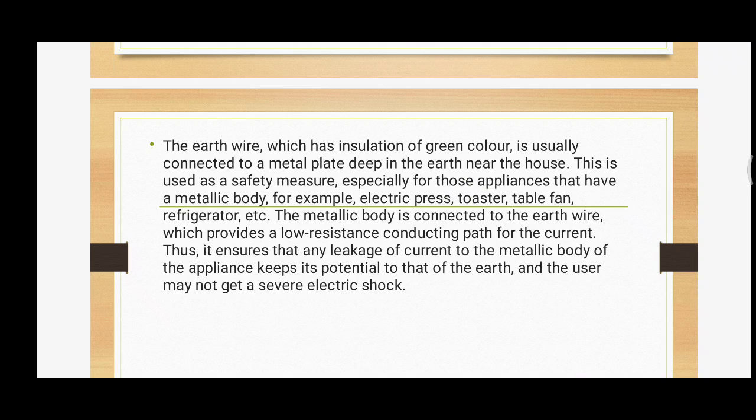Now the earth wire, which is green in color, is usually connected to metal plates deep in the earth near the house. You might have seen during the wiring time a plate deposited inside the earth.